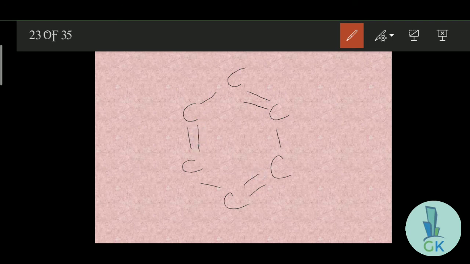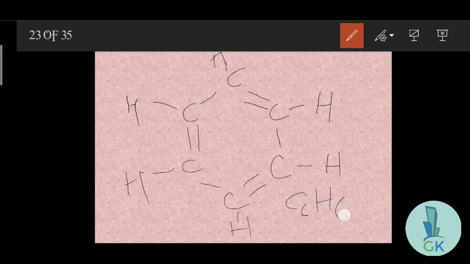As you can see, one carbon is already sharing its 3 valence electrons with other 2 carbon atoms, so it will need to form a single bond with a hydrogen atom, and it will share its 4th electron with the hydrogen. So this is the formula for benzene, that is C6H6. So this is benzene.